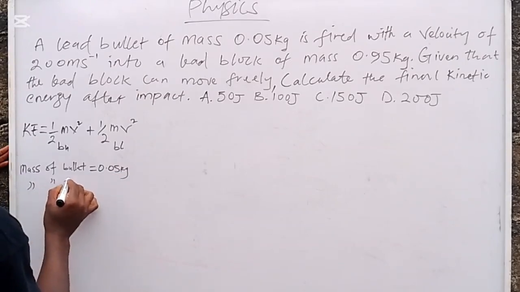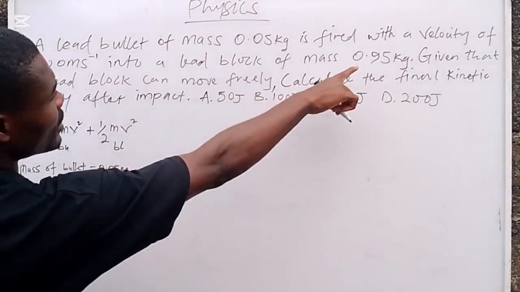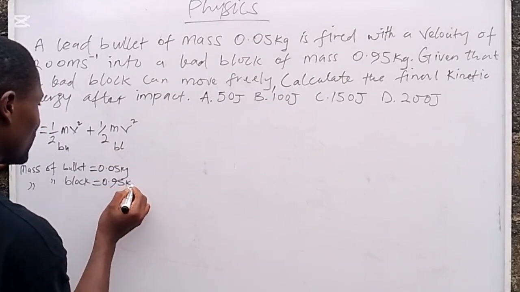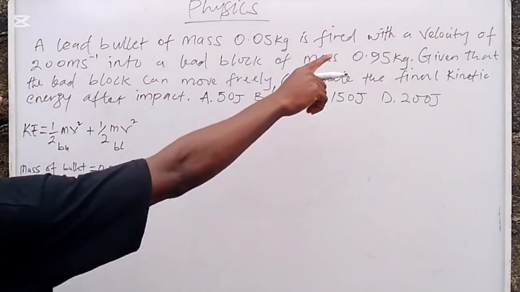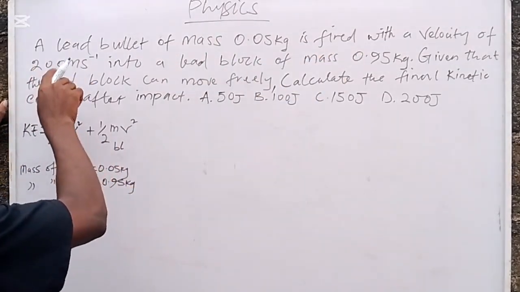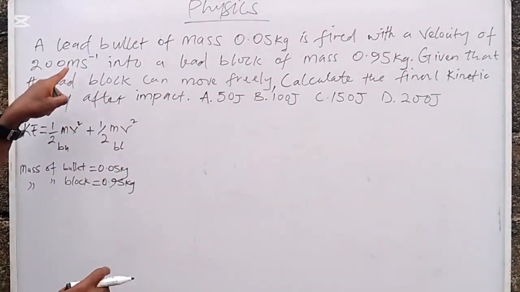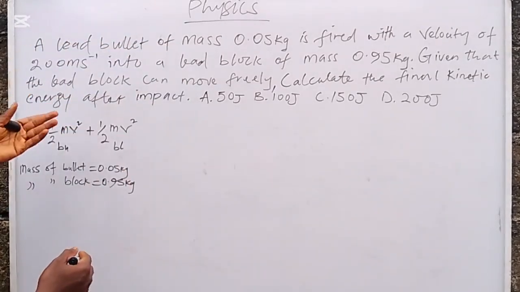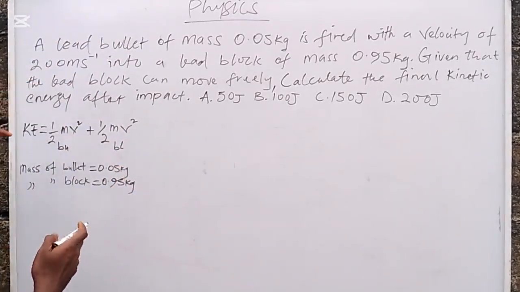Mass of block is equal to 0.95 kg, right? Then we also have that the velocity of the bullet before it impacted on the block is 200 meters per second, right? So that means that we can call this the initial velocity. So the initial velocity of the bullet before hitting the block is 200 meters per second.